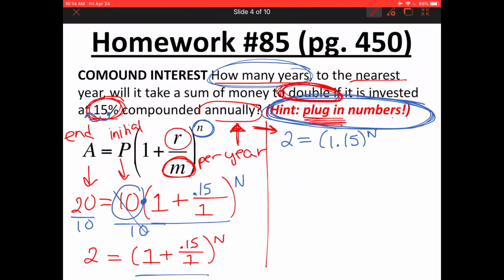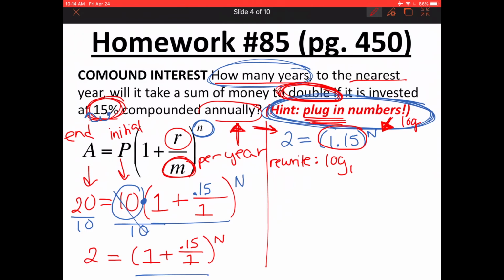From here, and this is the whole point, guys, of why we use log. If you need to find an exponent, you have to use log. There's no other way to solve for that exponent. That's why we're learning log this chapter. So I'm going to rewrite this in logarithmic form. So I'm going to do log. The base of my exponent becomes the base of my log.